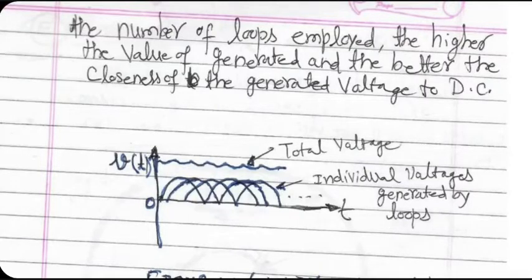The higher the number of loops, the better the smoothness. That means the closer the signal is to DC. Typically 500 conductors, or 500 loops to 1000 loops or even 2000 loops are enough to get almost a flat line for the generated voltage.